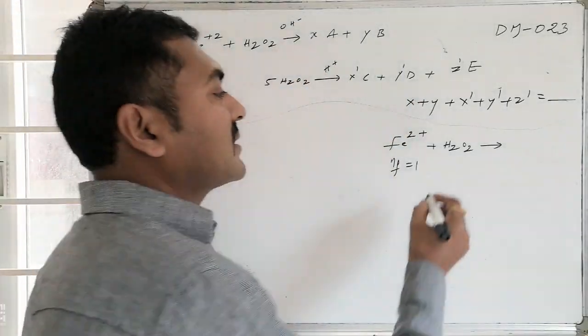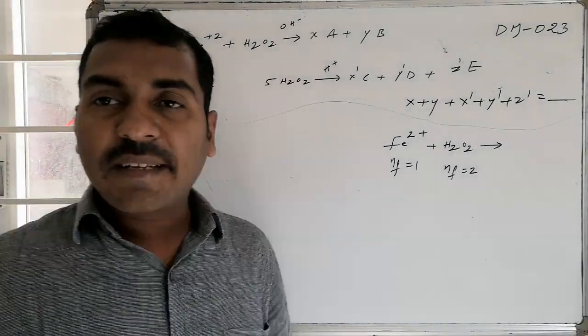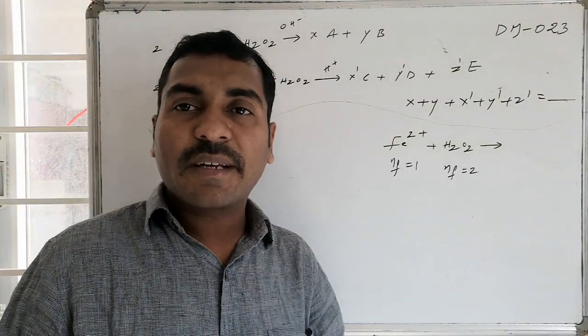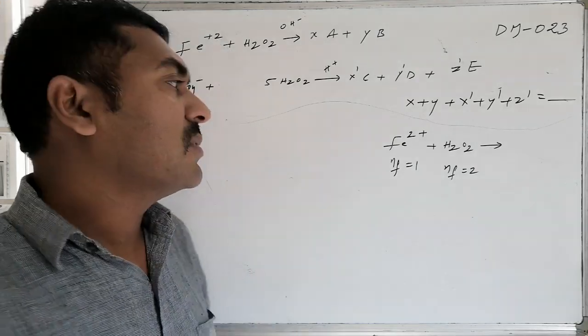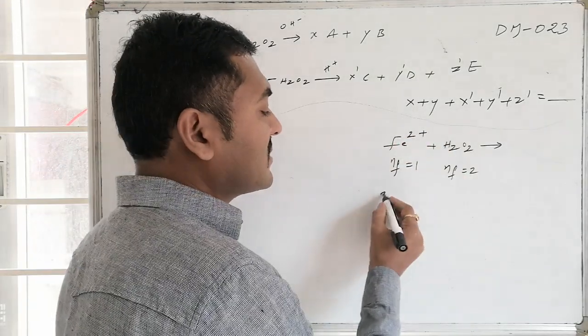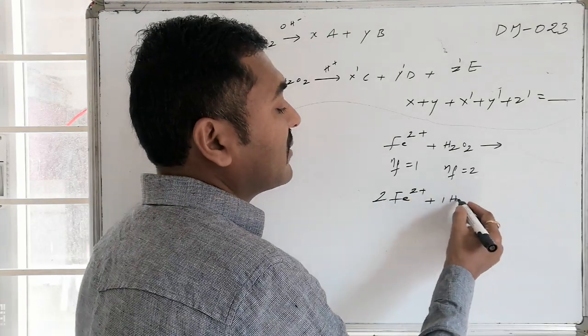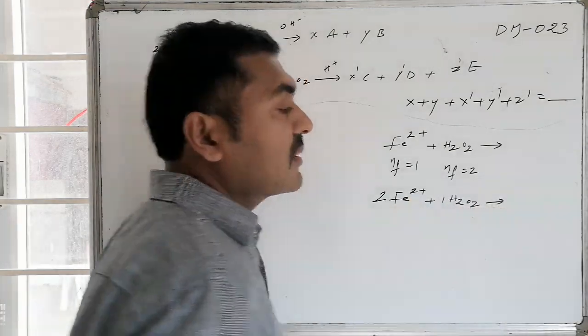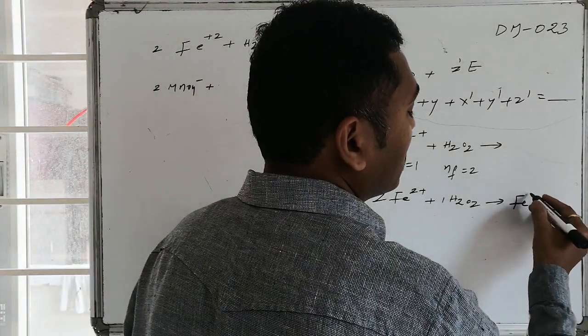Whereas hydrogen peroxide, whether in acidic or basic medium, whether acting as an oxidizing agent or as a reducing agent, everywhere its n-factor is found to be 2. So this becomes 2Fe2+ and 1 molecule of hydrogen peroxide, where Fe2+ is converted to Fe3+.